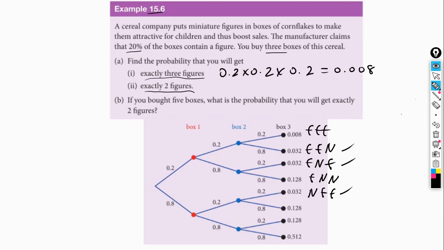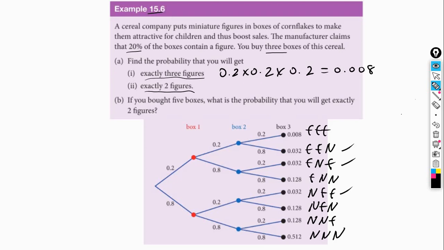So this is another one. And then here we would have no, figure, no. Here we would have no, no, figure, and no, no, no. So that means that there's 3 occasions in which you could get exactly 2 figures.